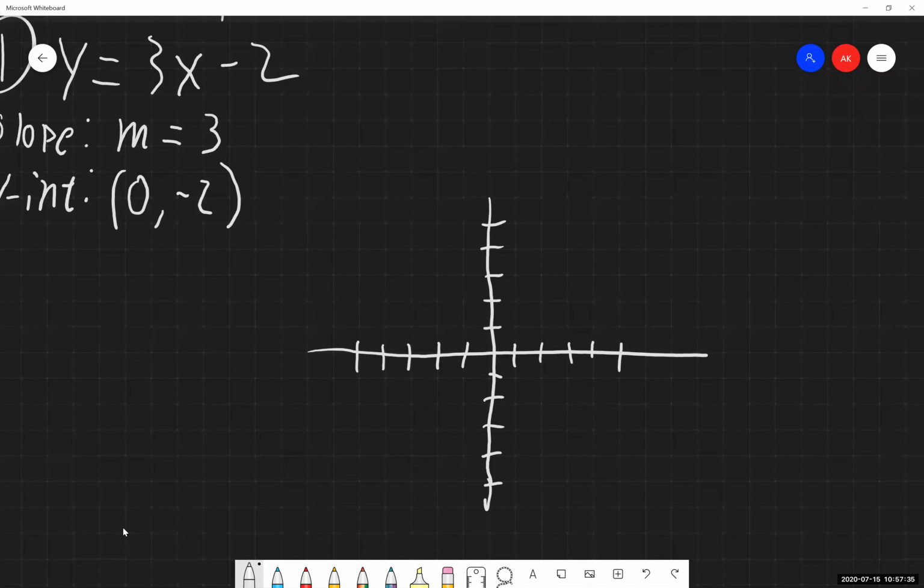Nothing is changing in our process. So positive x direction, positive y direction. Now, how are we going to scale these things? Well, I'm just going to scale my horizontal and vertical axis by 1s. 3, 4, 5. Something just like that.